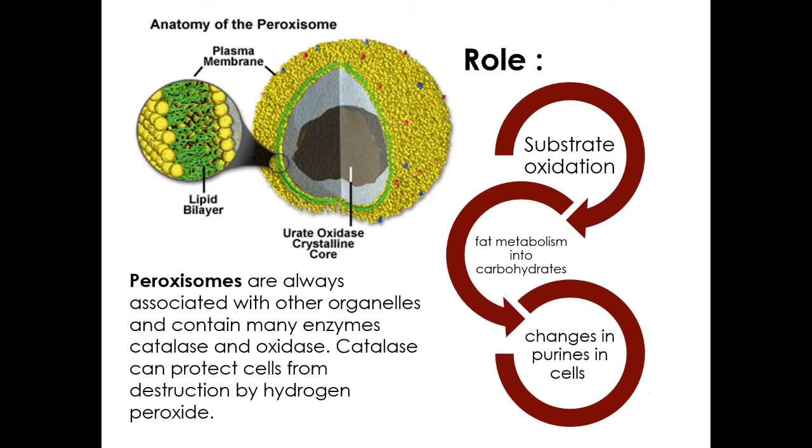The peroxisomes are always associated with other organelles. They also contain many enzymes, catalase and oxidase. Catalase can protect cells from destruction by hydrogen peroxide, and the main roles are substrate oxidation, fat metabolism into carbohydrate, and changes in purines in cells.